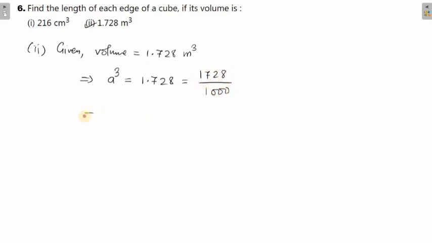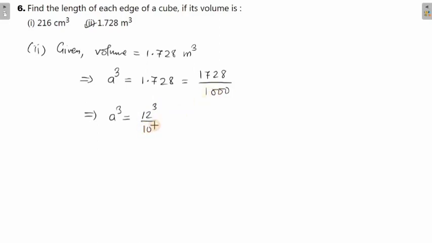So you get this much. Simple. Now a cube is equal to, now factorize the numerator, because you have to find the cube root, isn't it? When you do the factorization of 1728, you can write this as 12 into 12 into 12. In other words, I can write this as 12 cube by the denominator.